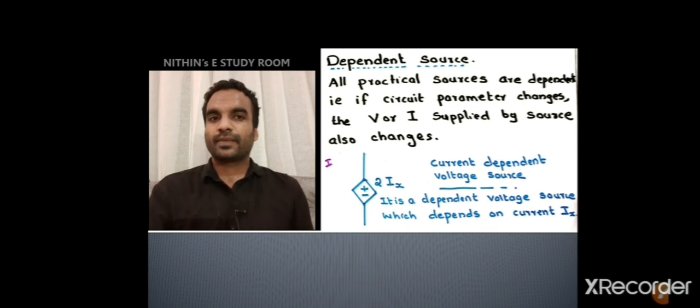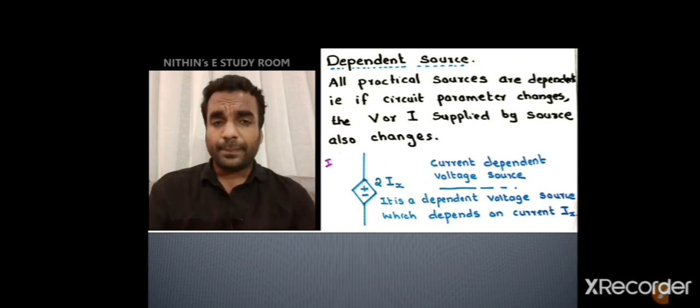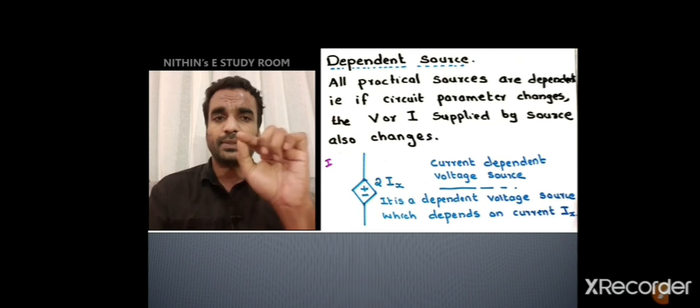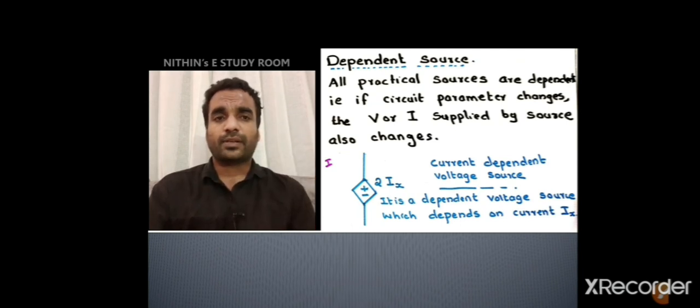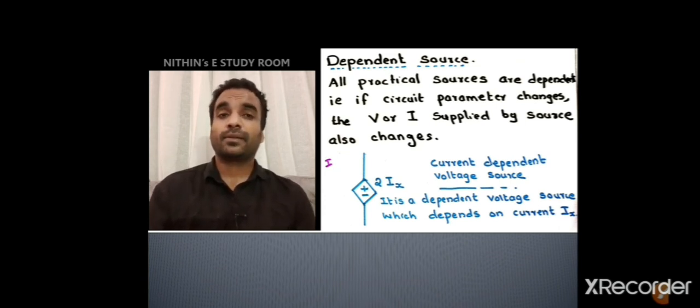So the shape change indicates this is the notation for a dependent source. We are using a diamond shape and marking plus and minus. Diamond shape means it is a dependent source, and plus and minus means it is a voltage source. But which parameter is the source depending on?